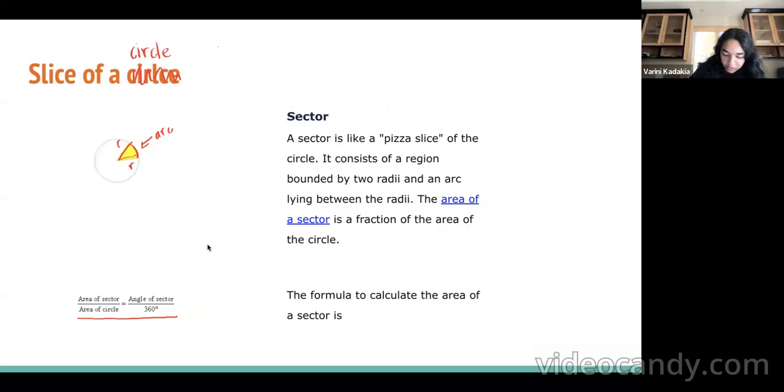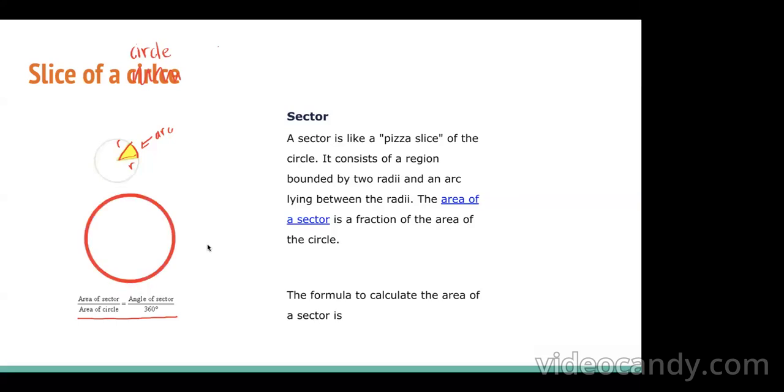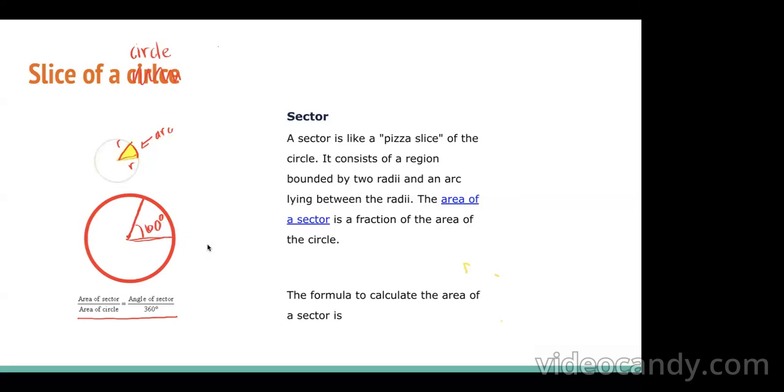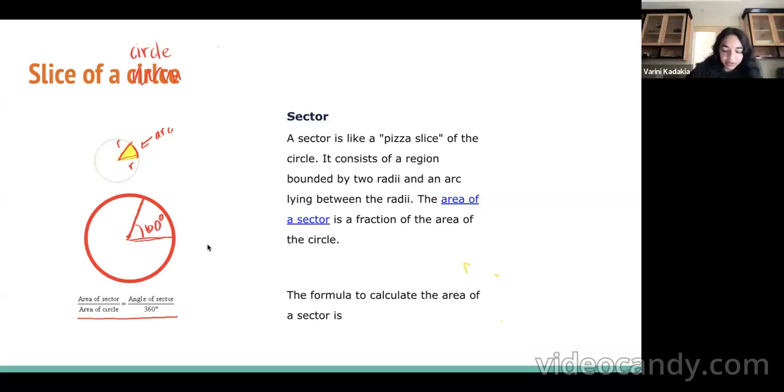I'm going to draw this circle a little bit bigger so that we can actually see. Okay, there's our circle. Let's say we want to find the area of this part of the circle, and let's say this is 60 degrees. Let me give it our radius.